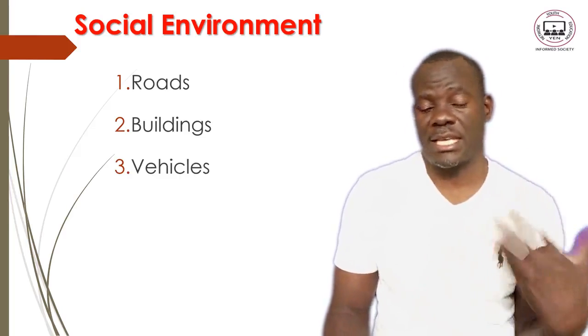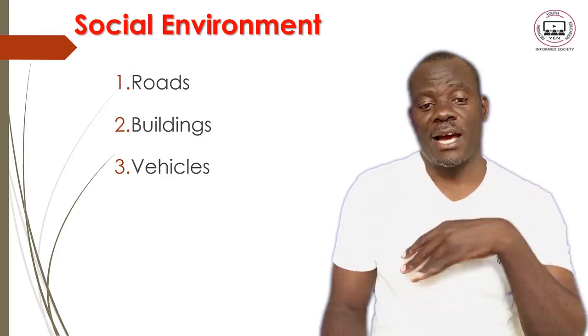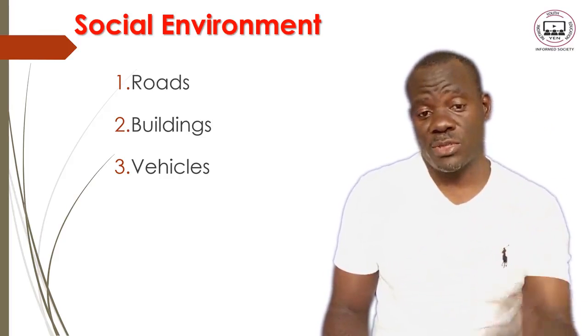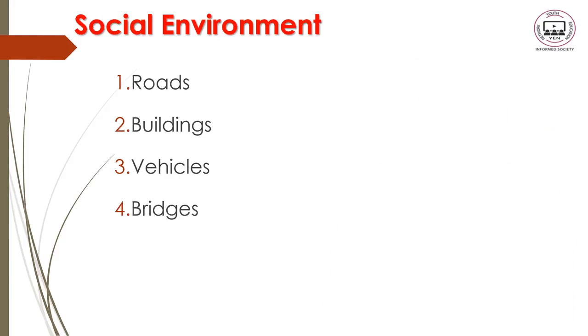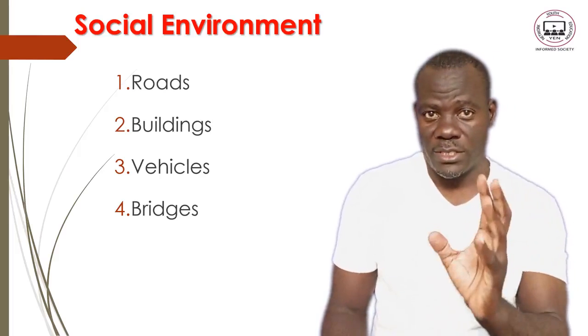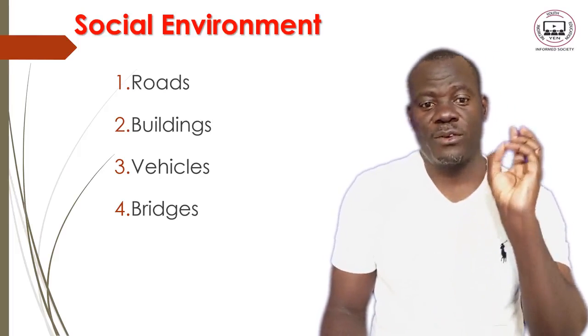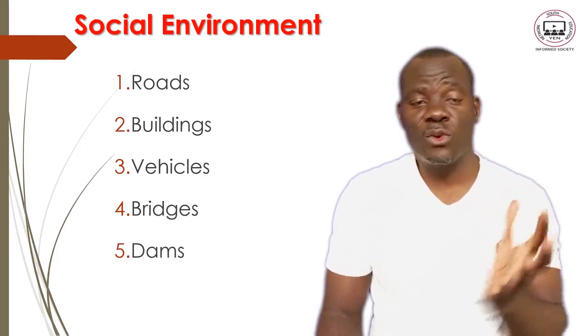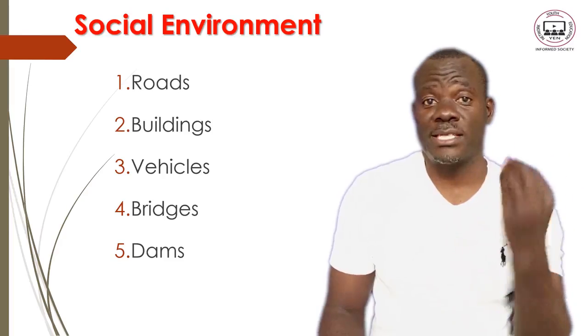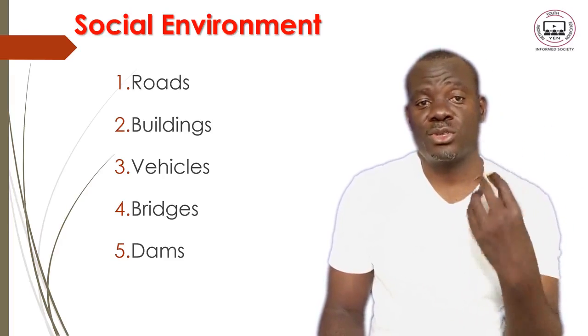Those are examples of the social environment. Then there are the bridges, also made by man to simplify life. We have the dams to reserve water. All those are examples of the social environment.